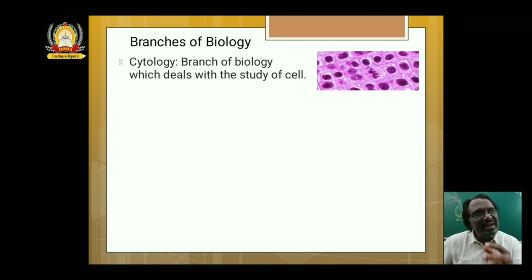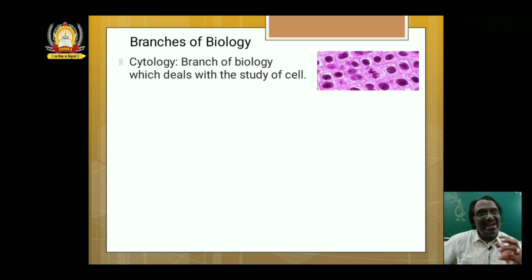Different varieties of cells are there in plants as well as animals. For example, you have studied parenchyma, collenchyma, sclerenchyma cells in plants. In animals, epithelial cells, muscle cells, nerve cells, blood cells.